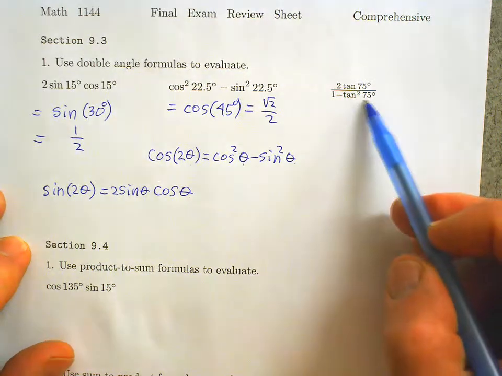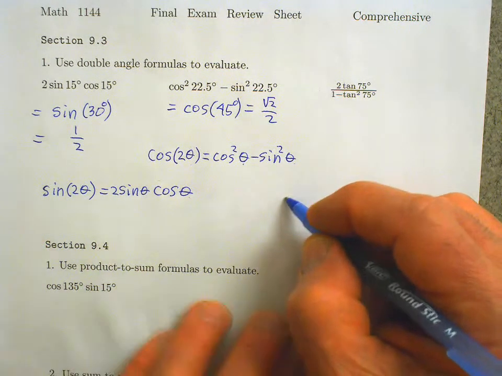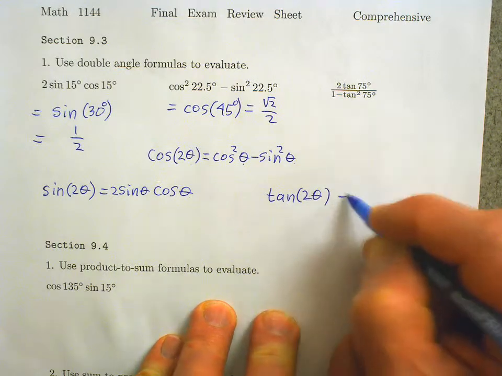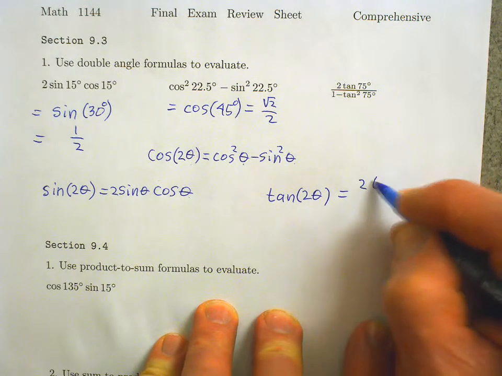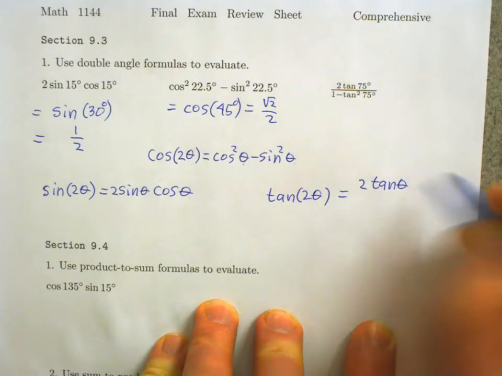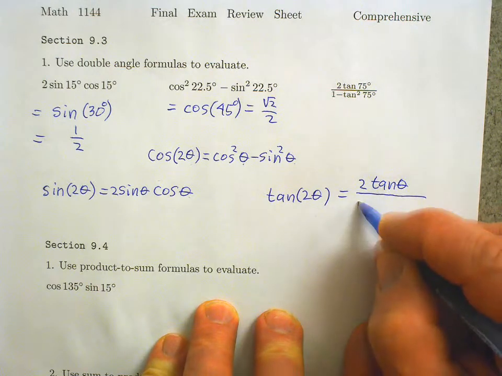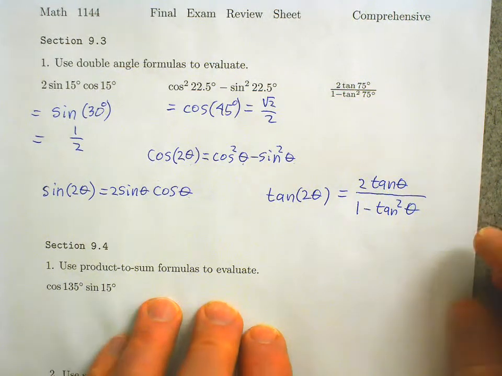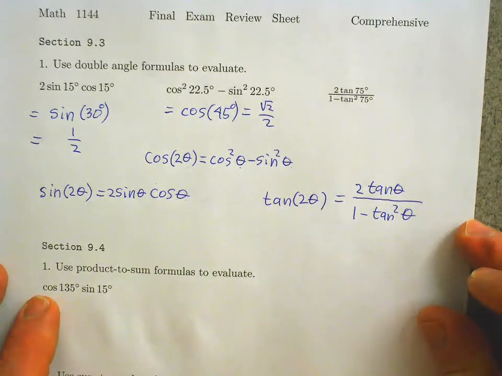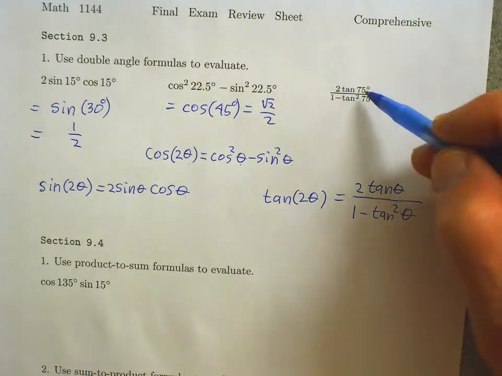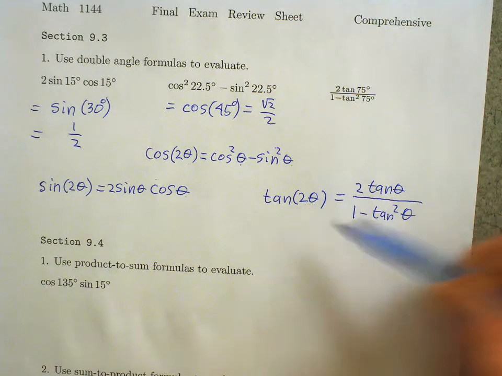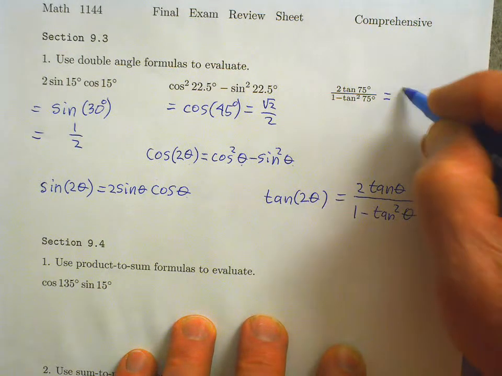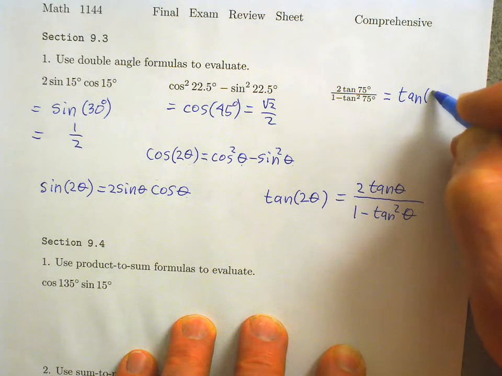Okay, the double angle formula for tangent. Tangent of 2 theta is equal to 2 times tangent of theta divided by 1 minus tangent of theta squared. If theta is 75 degrees, then 2 times 75 is 150 degrees. So this is just tangent of 150 degrees.